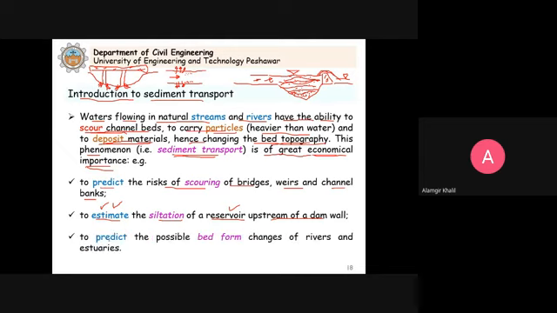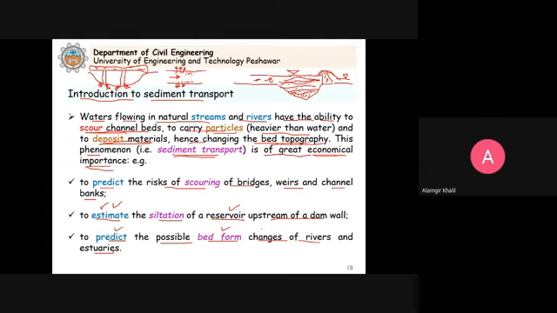To predict the possible bed form changes of rivers and estuaries. This I already explained here, that because of these sediments, if they are deposited, the discharge carrying capacity will be affected. Actually, we want to predict the possible bed form changes.